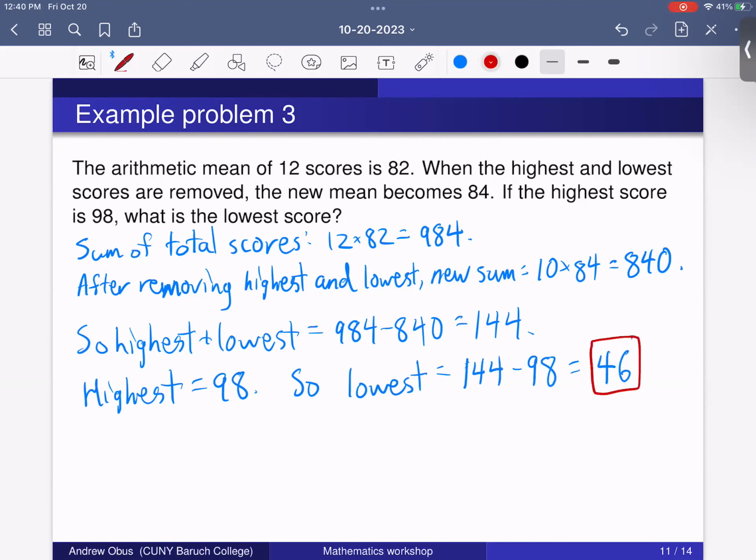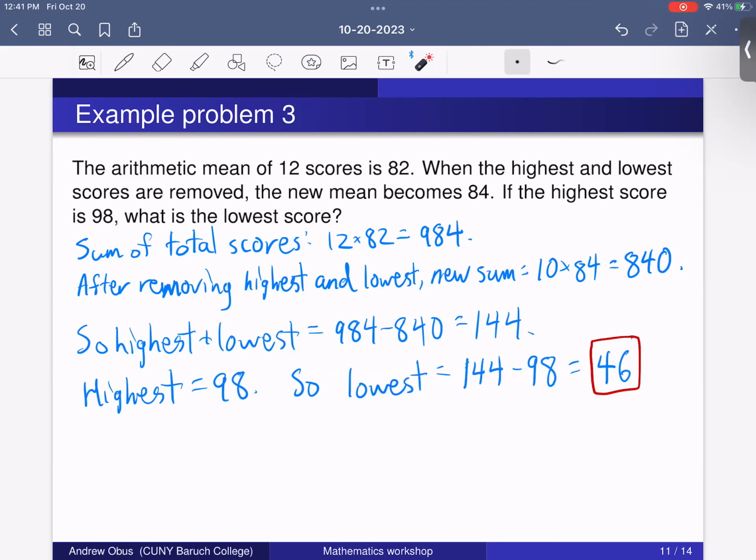Great. Yeah, so it's multi-step. It's a little bit tricky, but you have all of the information you need, and this works, right? So the key is anytime you know something about an arithmetic mean, you also know about the total sum. And usually for these types of problems, it's easier to work with the total sums directly than to work with the arithmetic mean.